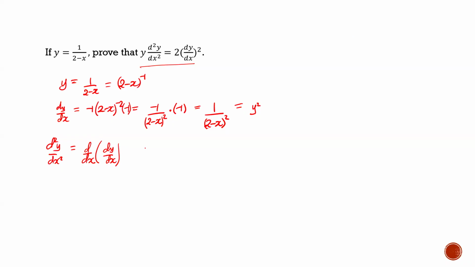Now you could choose which expression to go with. Do you want to go with 1 over (2 minus x) all squared, or you want to go with y squared? Now, you could go with this, but look at what we want to prove and see which would be easier for you or more beneficial to the proof.